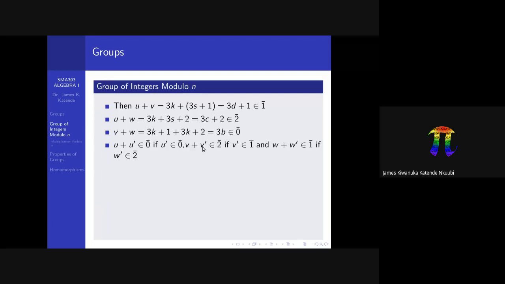So if you pick another element V prime from 1 bar and add them, you get an element in 2 bar, right? You'll get an element that leaves remainder 2 when divided by 3. So this gives you the addition of any pair of elements from any set and within a set, and the results that you will obtain. Are we together? Yes. Good.